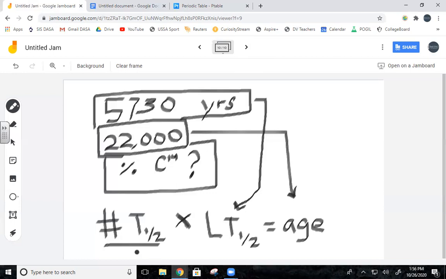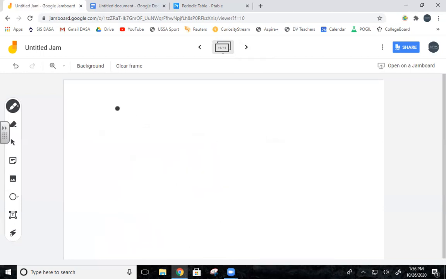How do we solve for this if we have these two? Let me rewrite it. A times B equals Q, because I want to be special. How do we solve for A?